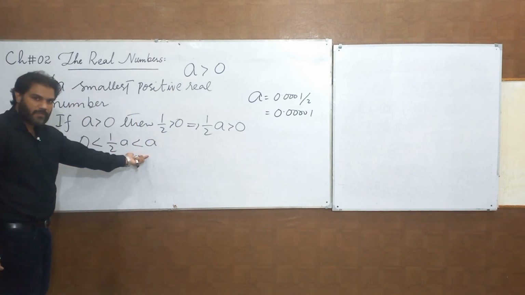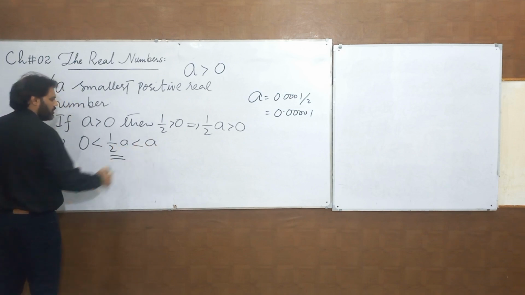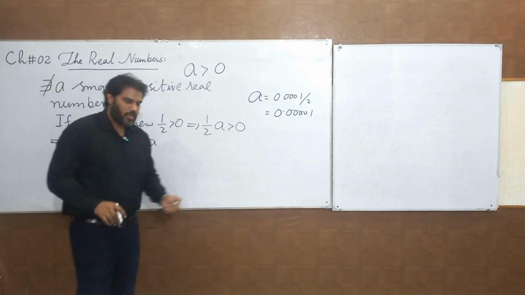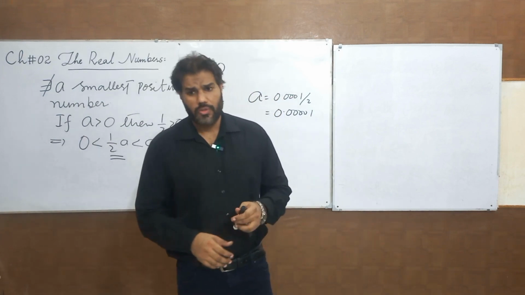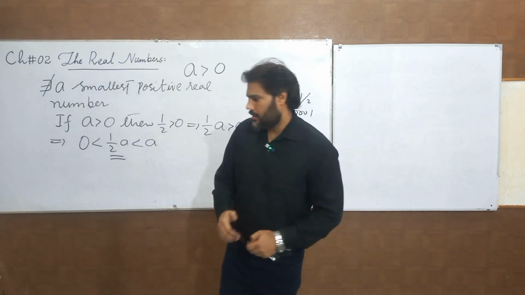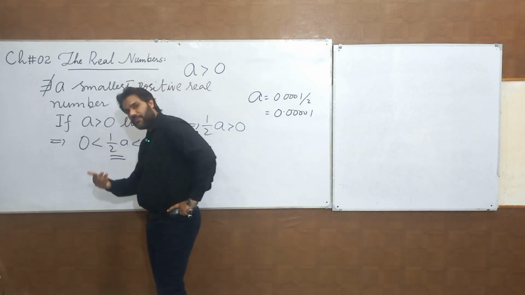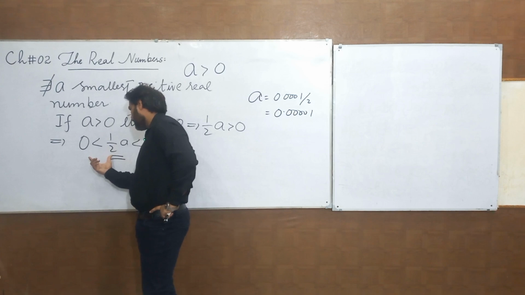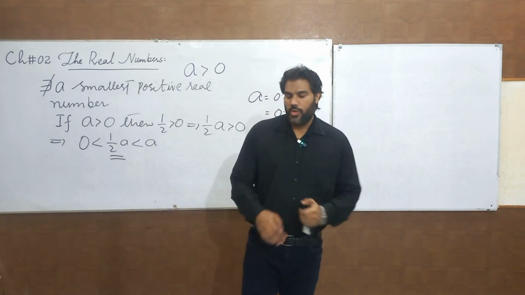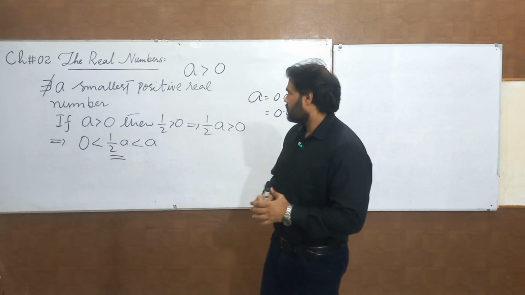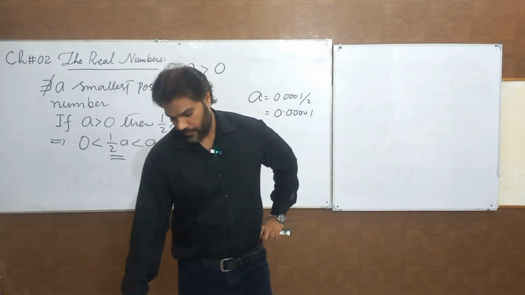So we can find a real number, half of a, between 0 and a. So I cannot claim that a is the smallest positive real number. Continuing this process, I can again find a positive real number between 0 and half a, that is 1 by 4a. So there does not exist a smallest positive real number in R.